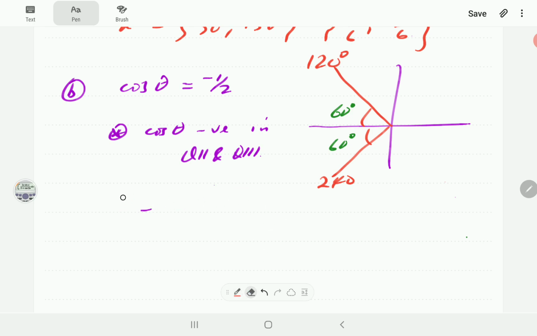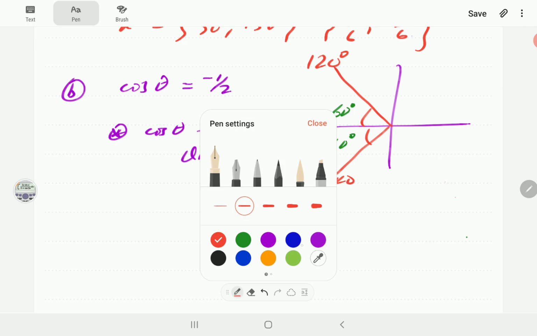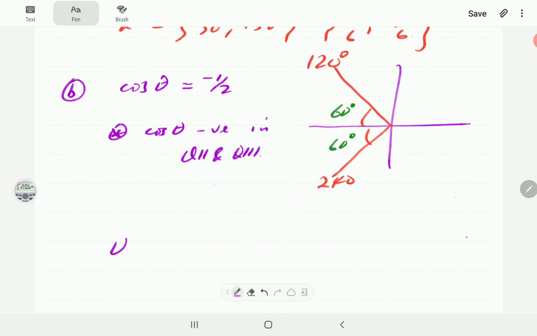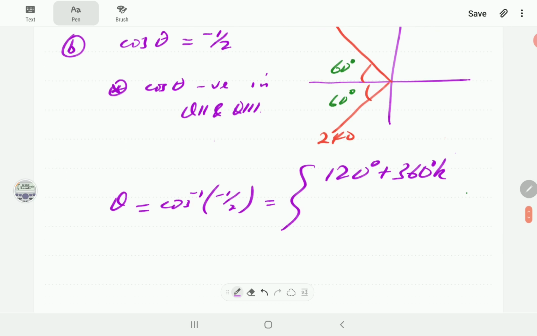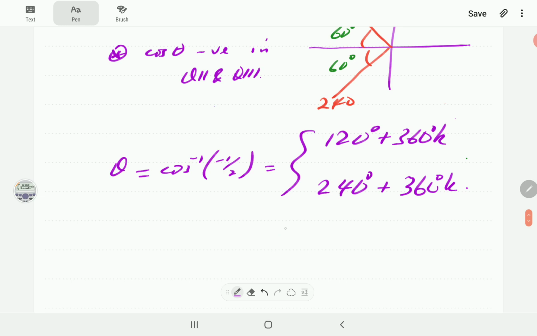So our two angles here are going to be, so theta is inverse cosine -1/2. The first one is going to be 120 plus 360k, make it general. The second one is going to be 240 plus 360k, where k is an integer, right?